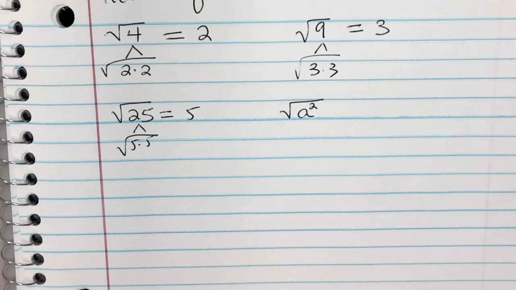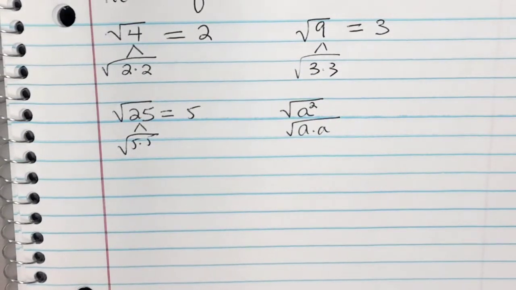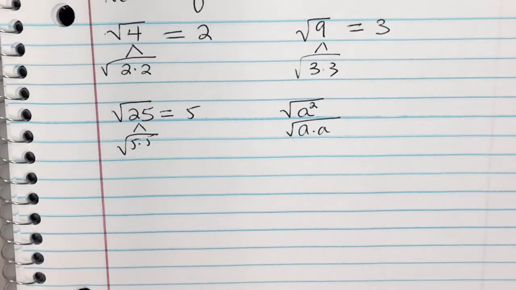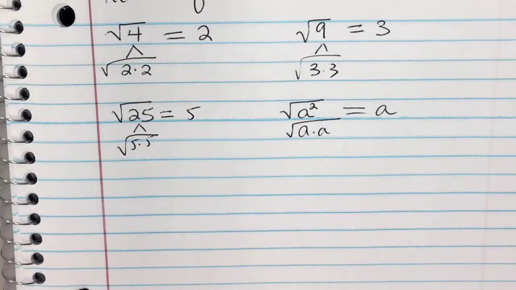Now think about what A to the second power is. Isn't that A times A? So if we take the square root of A squared, we have a pair of A's. Out comes the A, and we walk away. So square roots can be applied not just on numbers, but also on variables.